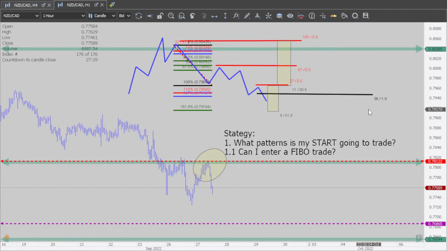If you are partially doing the correct thing, you are going to partially make consistent pips. And if you are not doing the correct thing, you are going to have the occasional winners, right? But you are not going to have consistent winners. Is that simple?